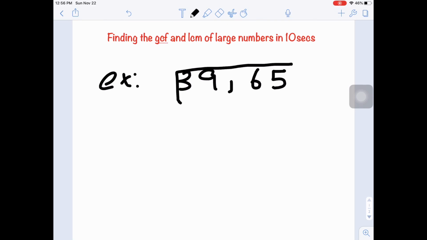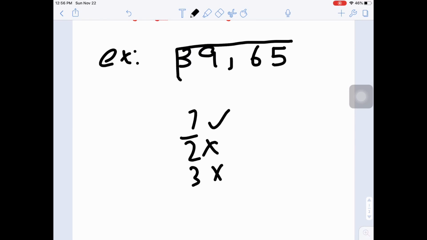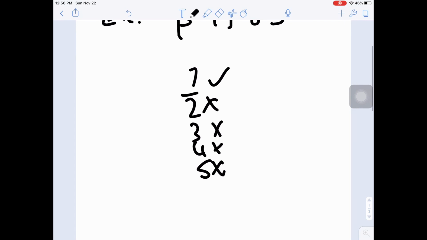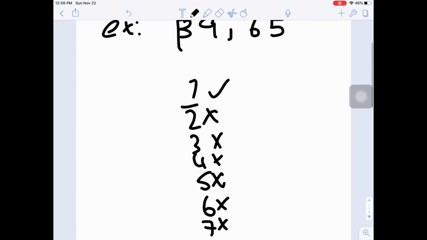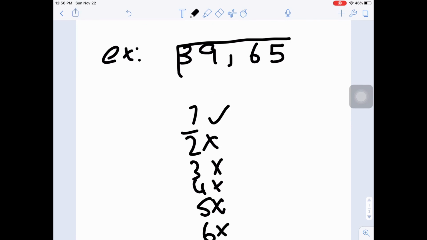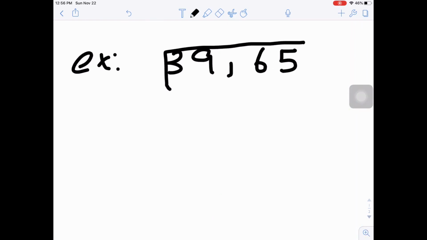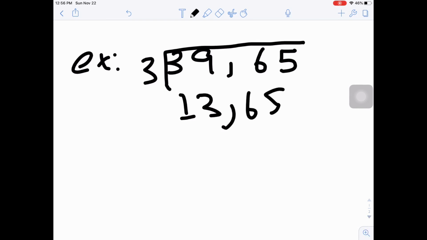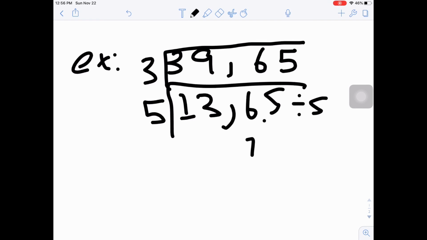Here we do the same thing. Since we don't have a common number here, we just go with the first number, and 3 is our largest divisor. So 39 divided by 3 is 13, and then 65 divided by 5 is 13. 13 and 13.